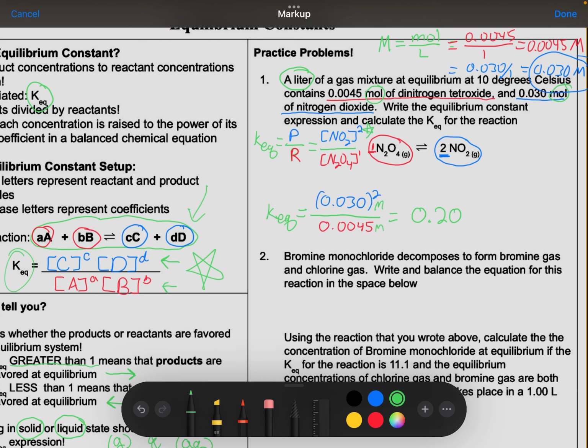They're both concentration, so they end up actually canceling each other out mathematically when we do this. So this is our answer. And if we wanted to do a little bit of analysis, we see that that 0.20 is less than 1. So if I were to ask, you could say that the reactants are favored at equilibrium and not the products.